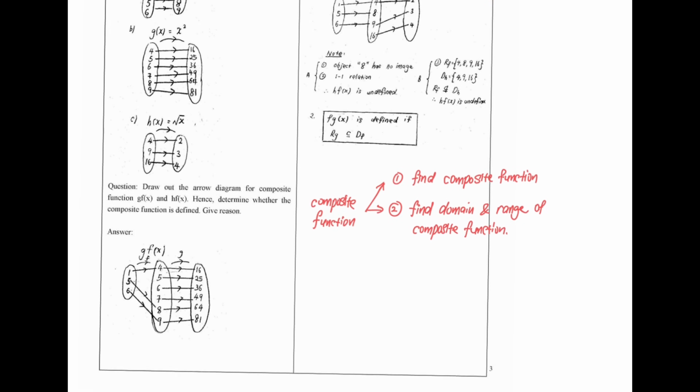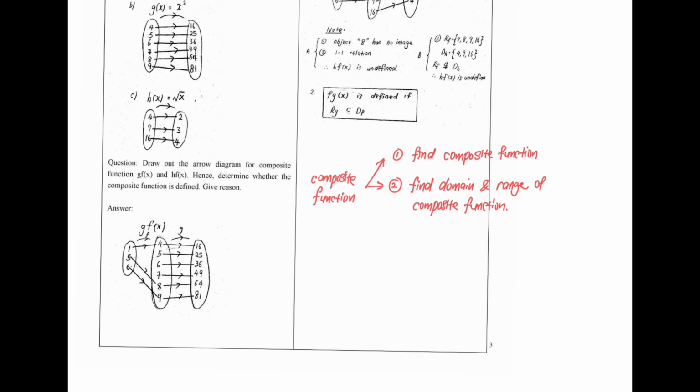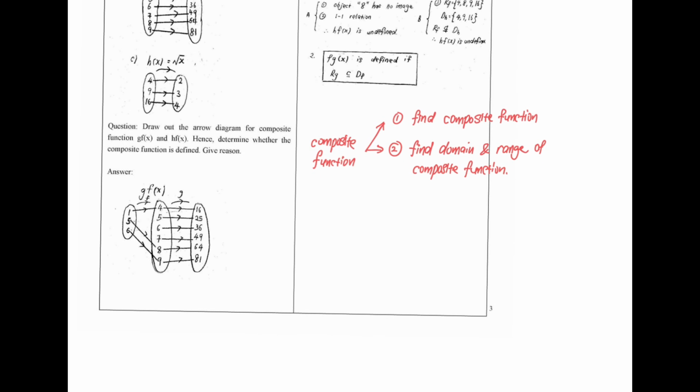So I will take a quick discussion on the second one. If you understand the arrow diagram as in here, what we can say is a composite function is actually a function that maps in this way.